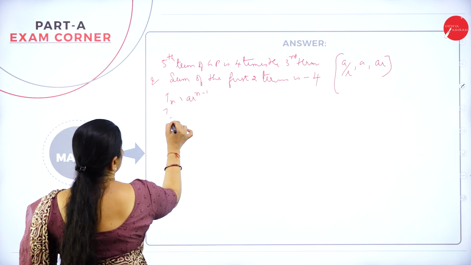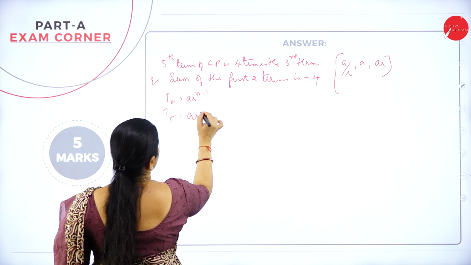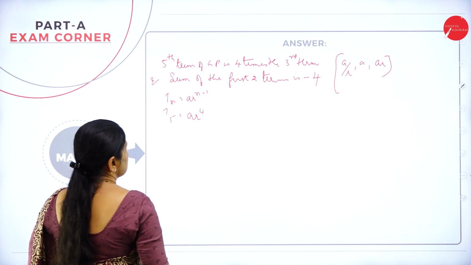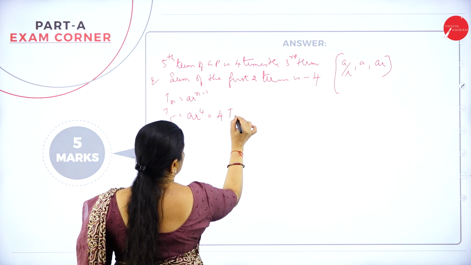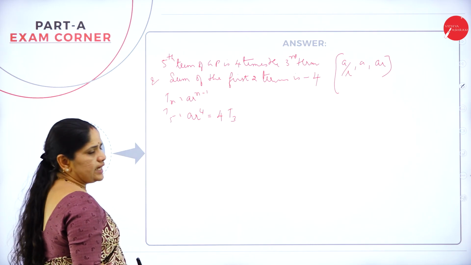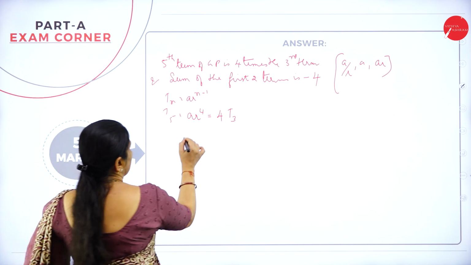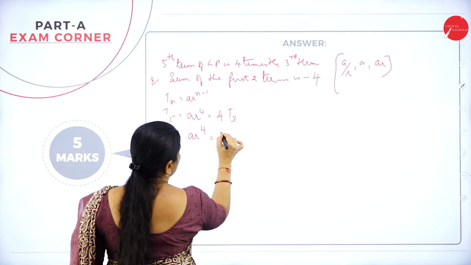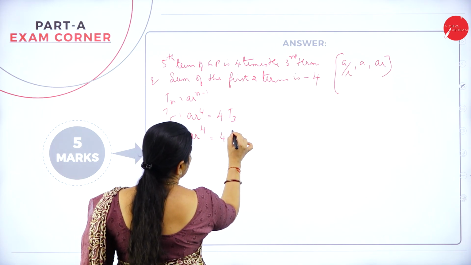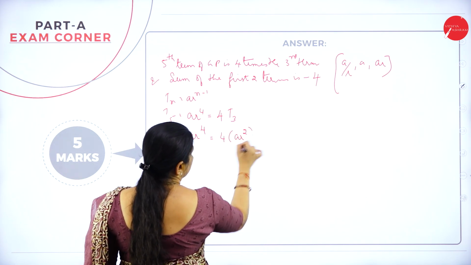So T5 will be equal to a into r to the power 4. T5 is equal to 4 times T3, so I can write it as ar to the power 4 equals 4 into ar to the power 2.